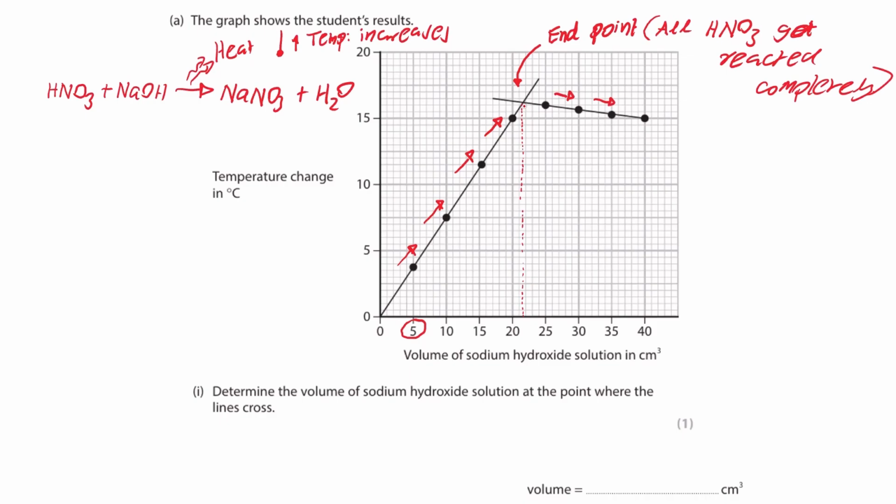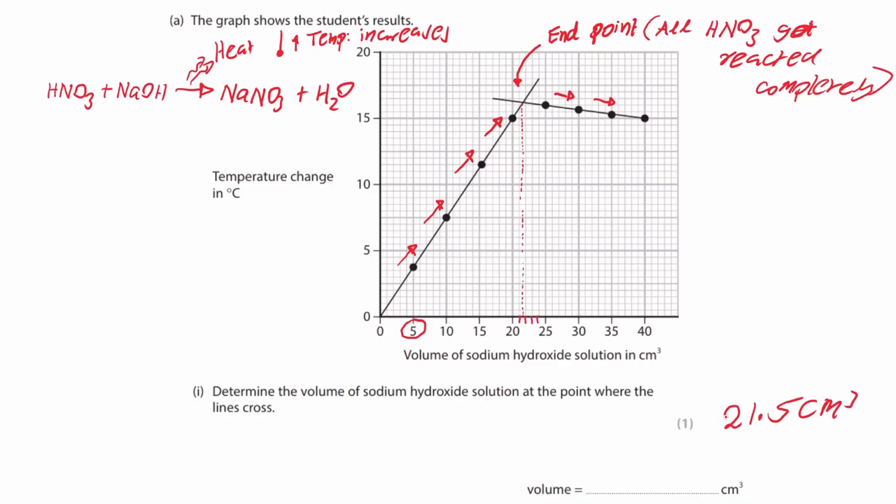I know that one box is 1, so 20, 21 is here, 22, 23, 24, 25. So it's between 21 and 22. Therefore I assume this volume is 21.5 cubic centimeters.